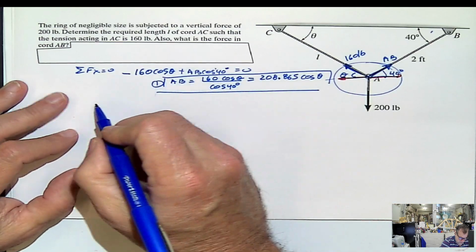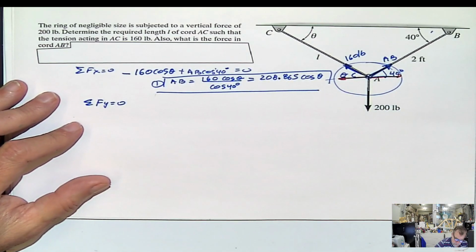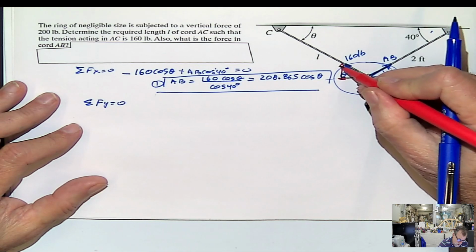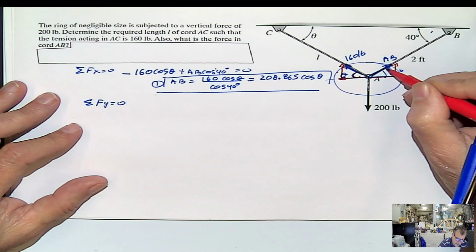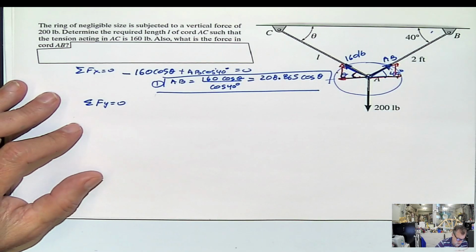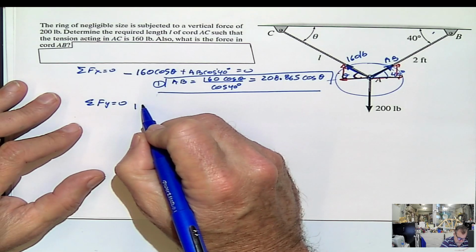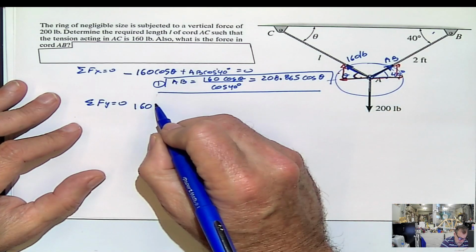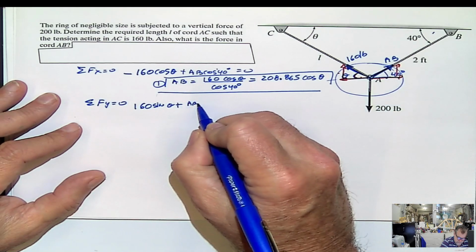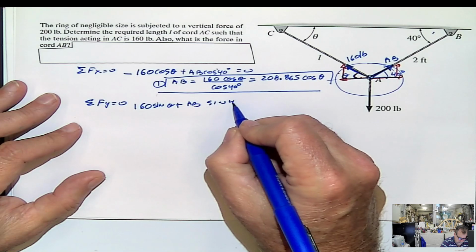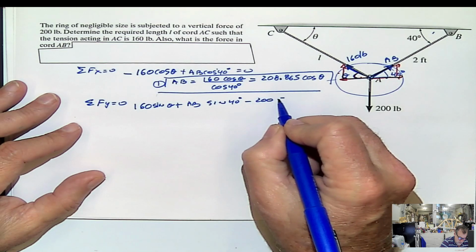And when I say summation of forces in y equals 0, then we have this component, 160 sine of the angle, positive, this component, AB sine 40, minus 200 equals 0. So we have 160 sine of the angle plus AB sine 40 minus 200 equals 0.